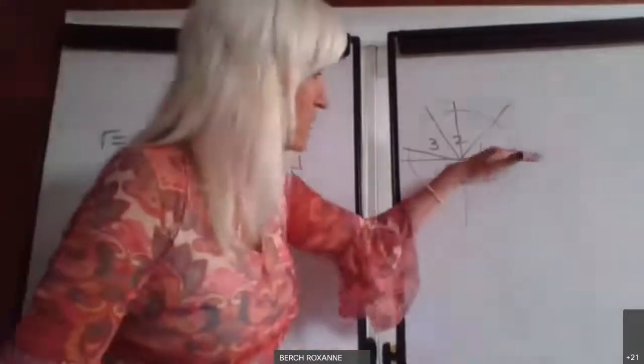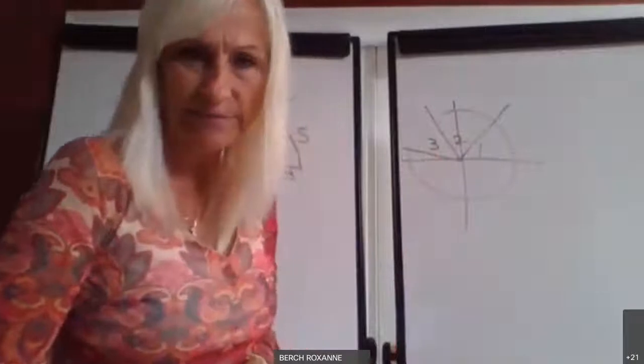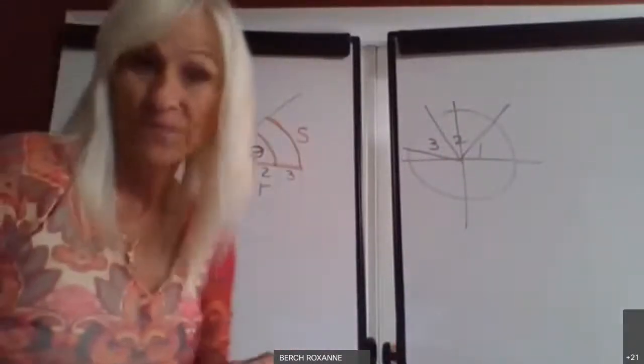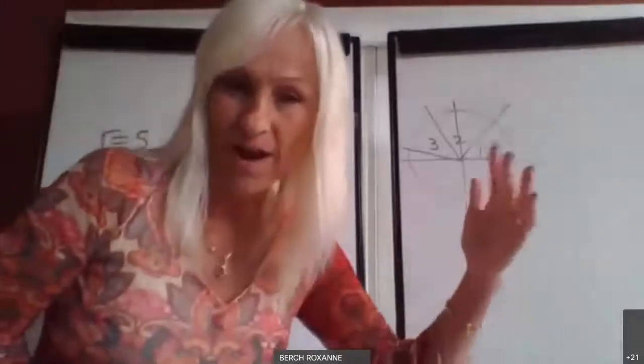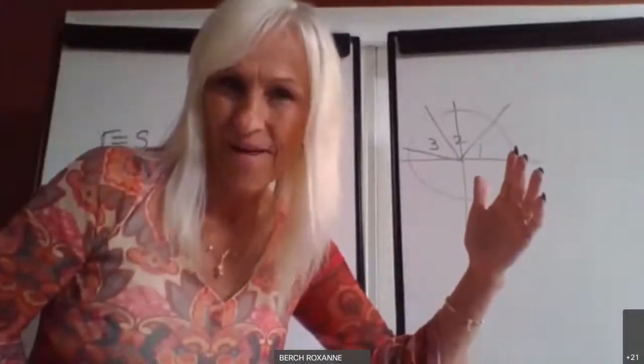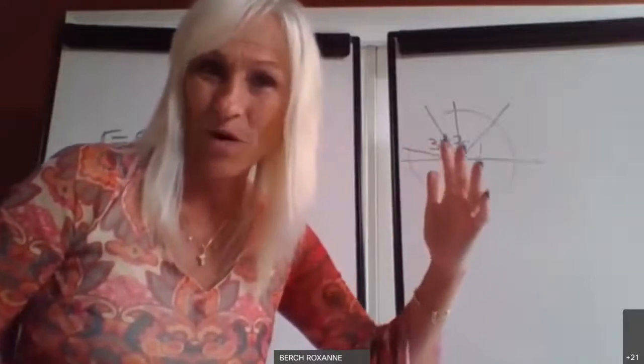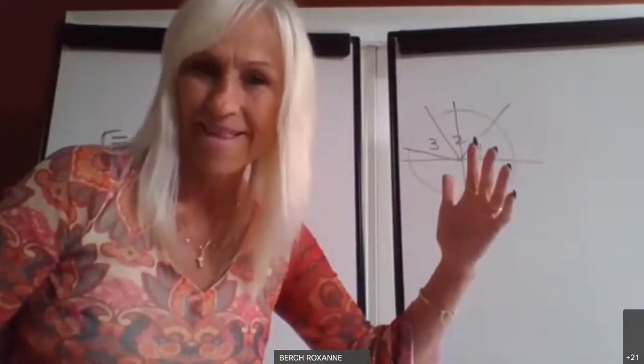About 3. So what's the measurement from here to here in radians? 3, plus a little bit more, right? So do you know a number that's 3 plus a little bit more? Pi.